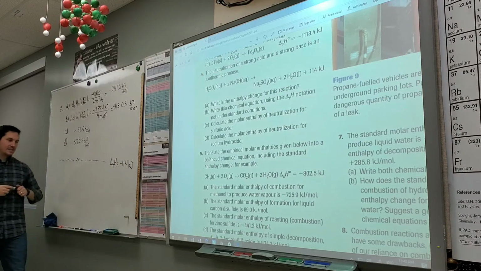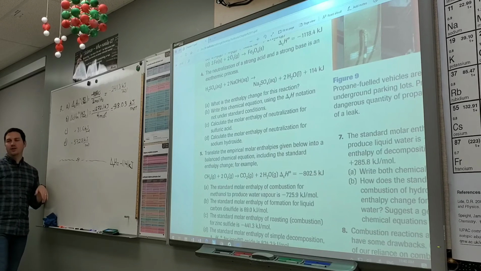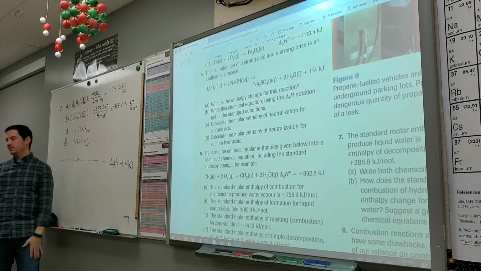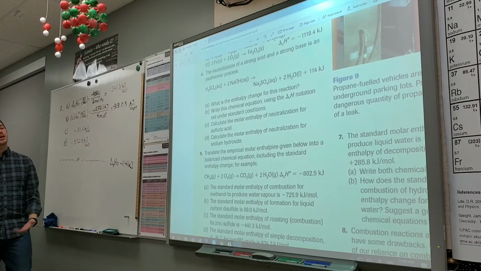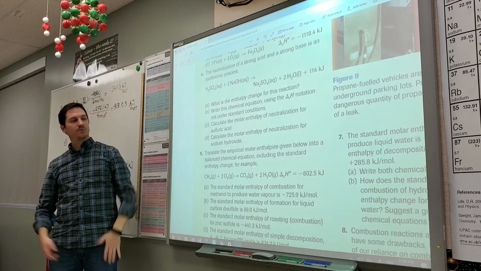That's all B is asking you to do. It's just asking you to rewrite the entire equation, then use delta RH notation. I don't really understand what they're getting at between A and B, but that's fine.